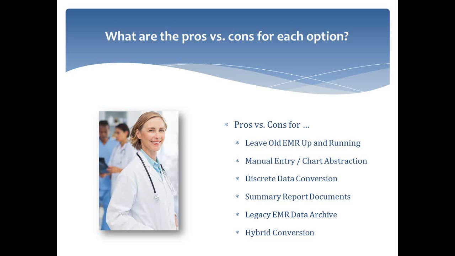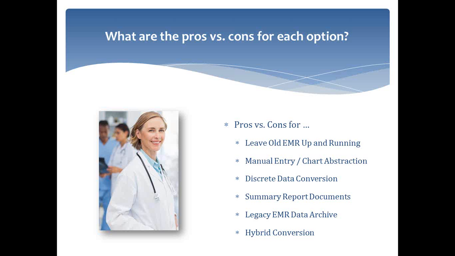So for the summary documents here, it's a pretty cost-effective solution. It's a pretty simple solution. You're really grabbing your data out of your source system there, and you're placing them into either one document per patient, or maybe you've got a problem list, a medication list, an allergy list that you're moving over as documents.